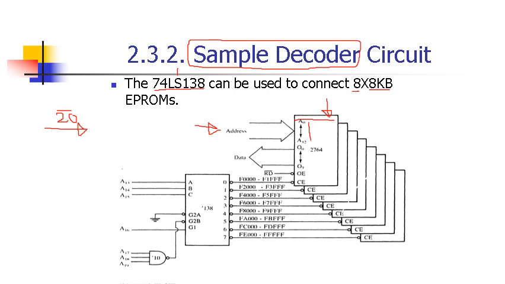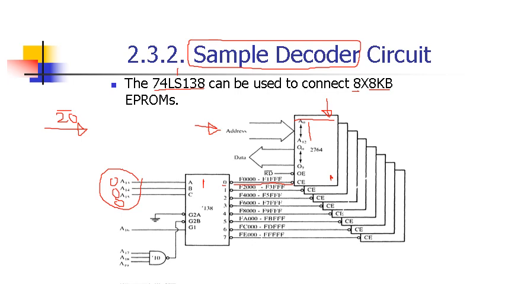How do we do so? We make A13, A14, A15 all zeros. If we do this, you have a low signal at the zero output of your decoder. This zero is now provided to the chip select input of the memory, so it makes sure that we are talking to this specific chip, let's say chip number 0.